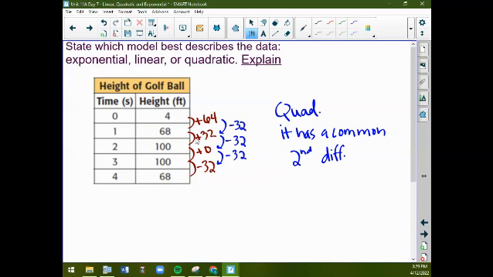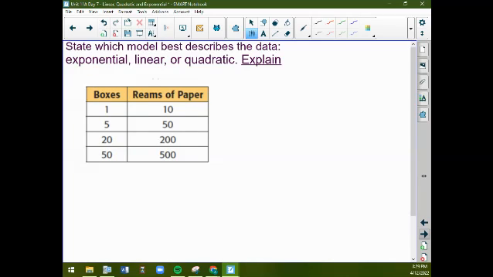All right. And then lastly, I've got boxes and reams of paper. Is this exponential, linear, or quadratic? Well, looking at it, does it have a common difference? Okay. I do 10 to 50. Well, that's 40. And then 50 to 200 is 150.